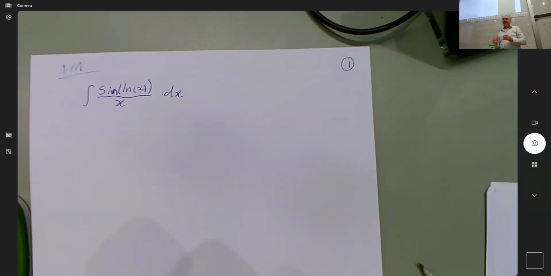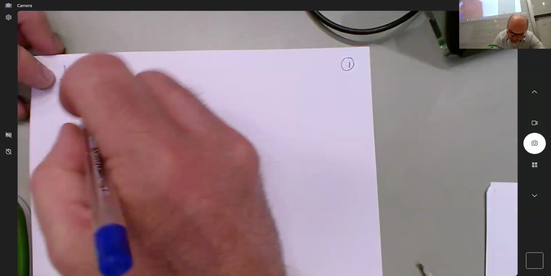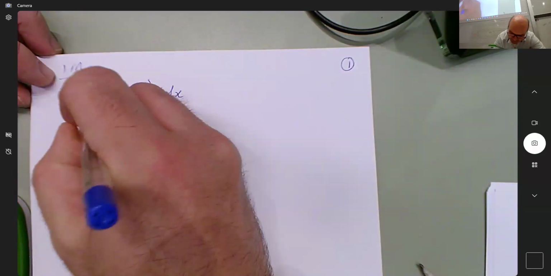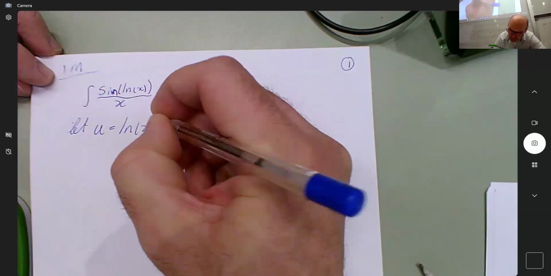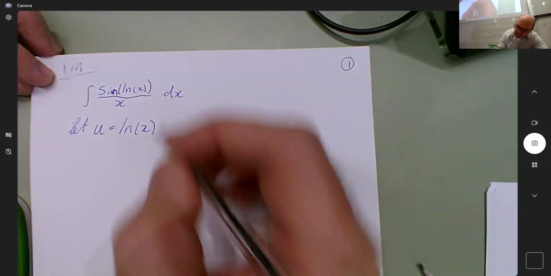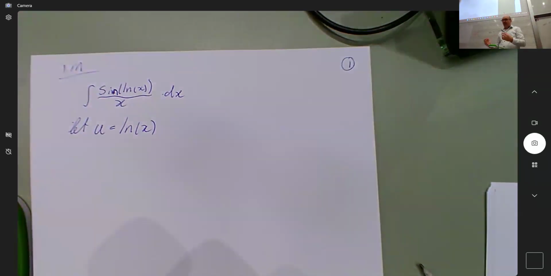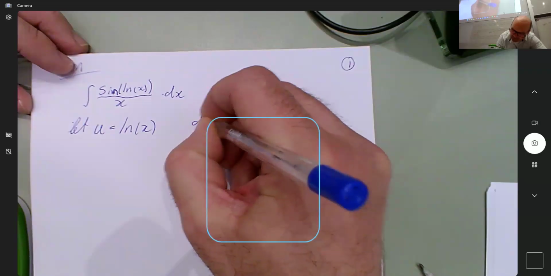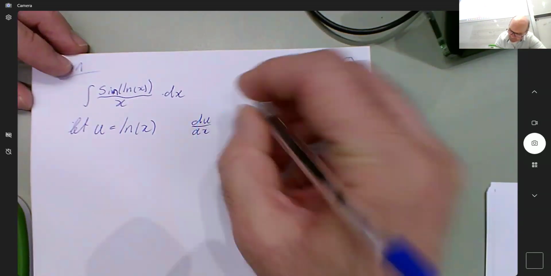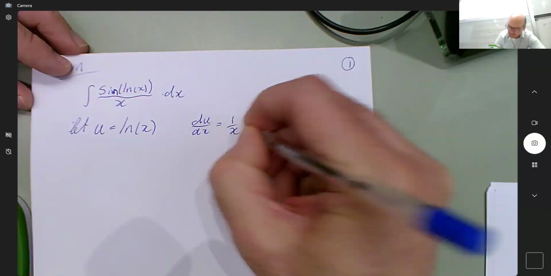So, I'm going to go, let u equal ln of x. You make a decision about what you're going to have as your substitution. And then the first thing is to differentiate the substitution. And so I'm going to get 1 on x.